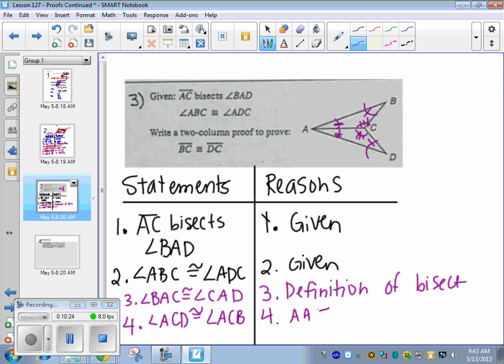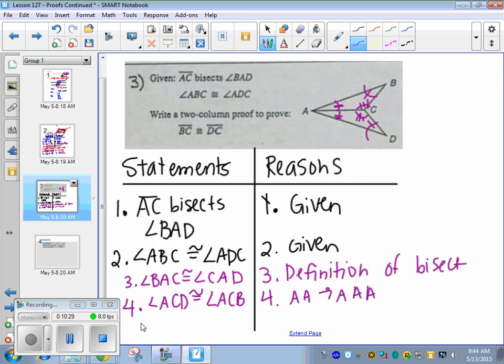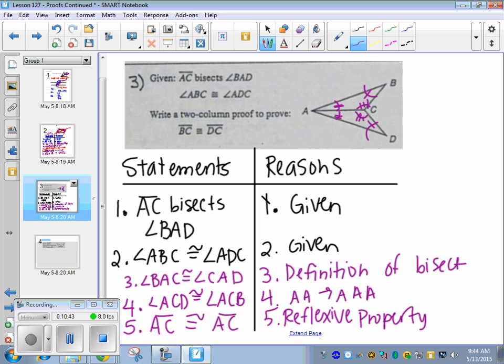We know 2 angles, so we know 3 angles. And Kayla, what else do we know by looking at the picture? Very good. And we can go ahead and mark that congruent.